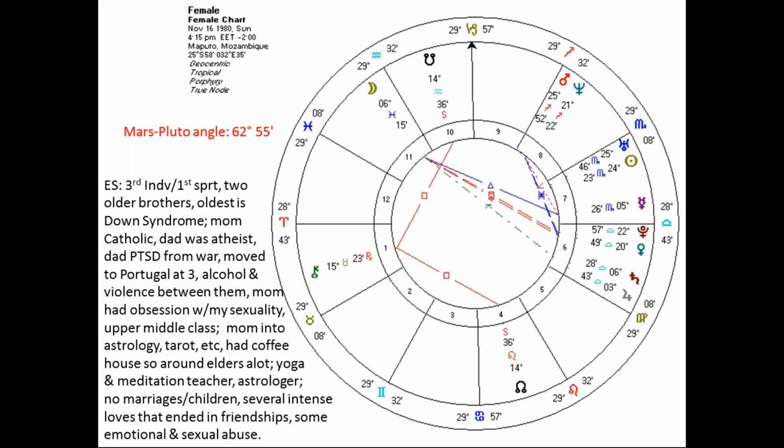Dad was atheist, mom Catholic. Dad had PTSD from the war. There was a lot of alcohol for him and violence towards mom. This person does not have any children, no marriages, although there have been several intense love relationships. A few of them have ended in friendship. There was a bit of emotional sexual abuse in those relationships.